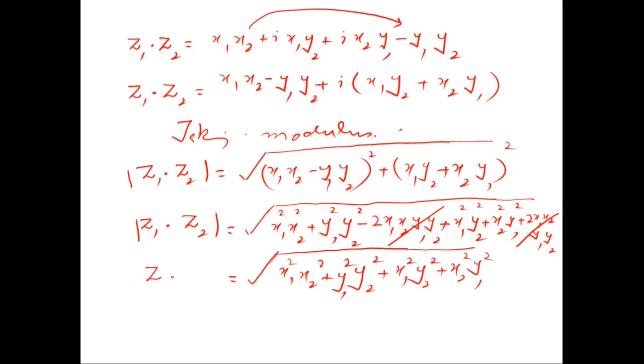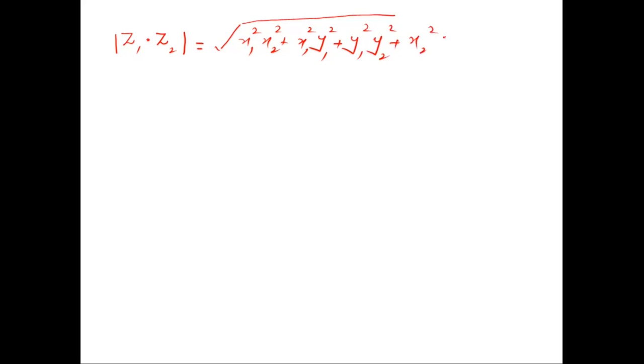This is the absolute or modulus value of z1 and z2. z1 multiply z2 modulus equals square root of x1 square x2 square plus x1 square y2 square plus x2 square y1 square plus y1 square y2 square.